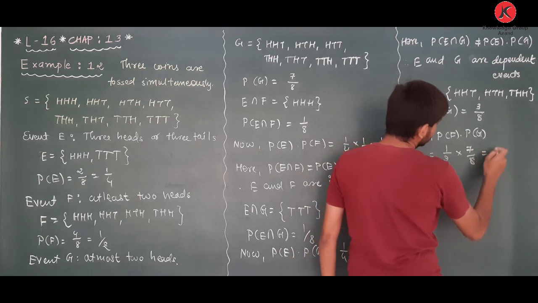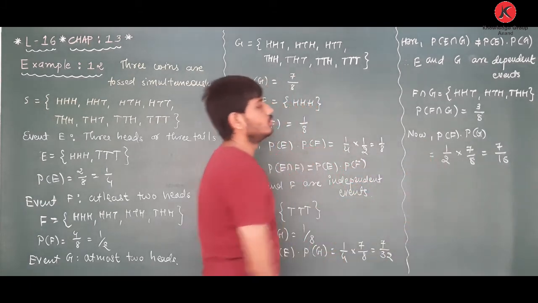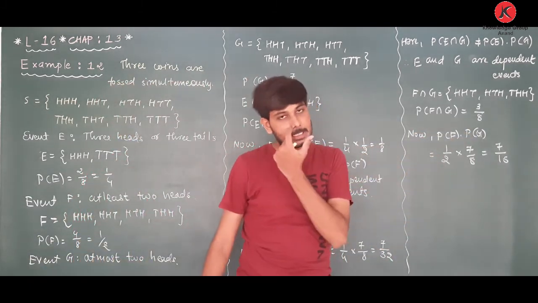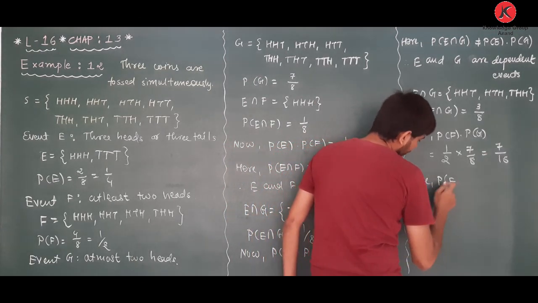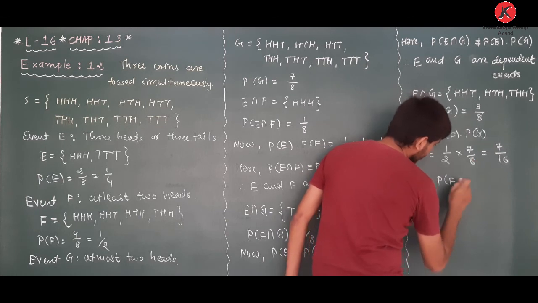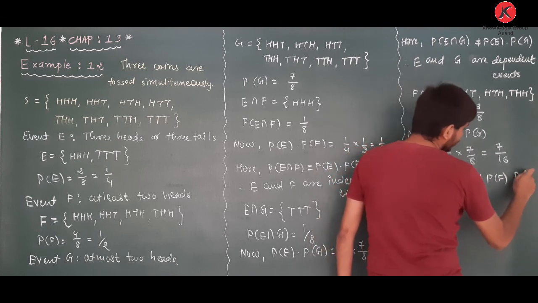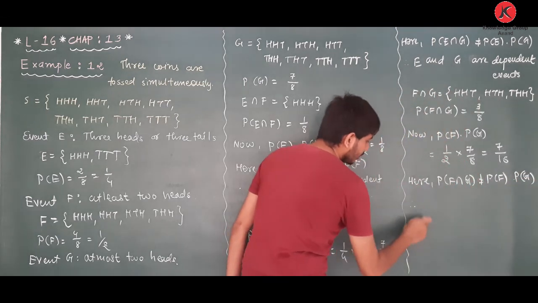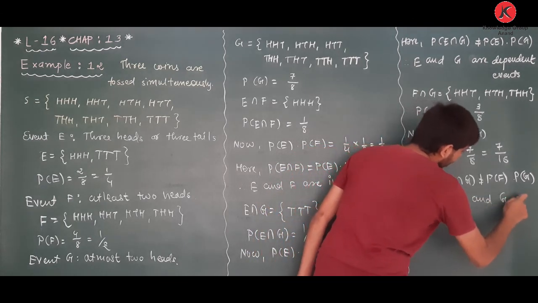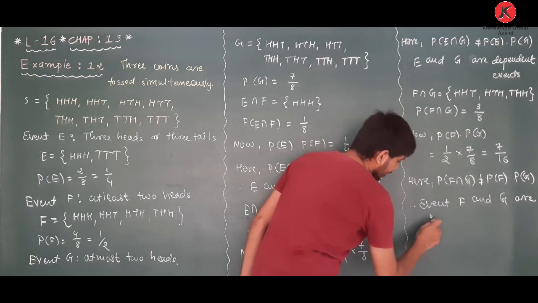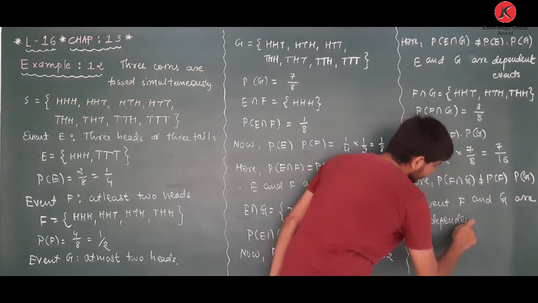We are getting the answer 7 by 16, which is not equal to the probability of F intersection G. Here the probability of F intersection G is not equal to the probability of F into the probability of G. Therefore, events F and G are not independent events. Therefore, we can say that they are dependent events.